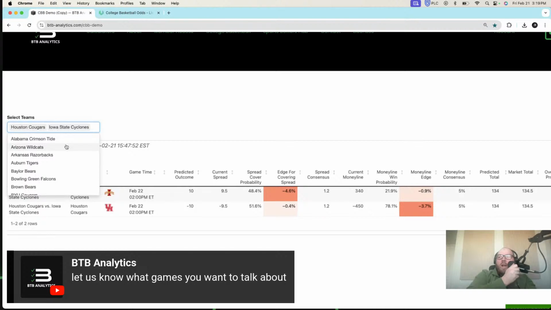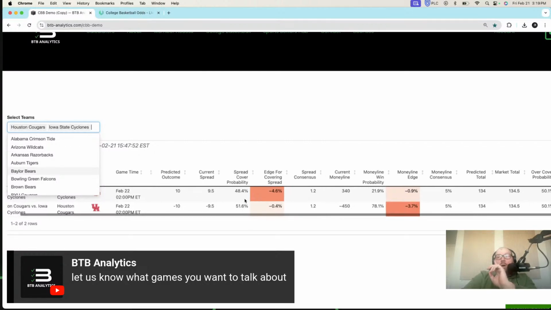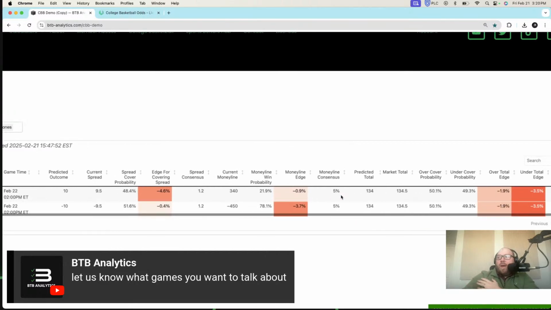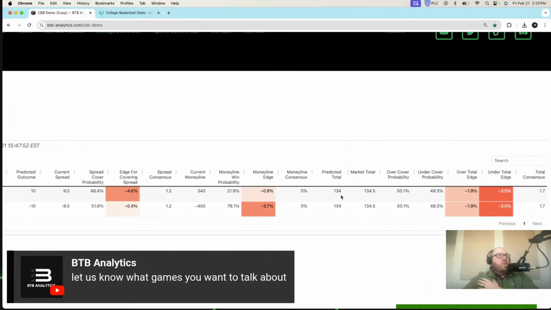Now it's moved to 9.5. We make the number 10, so I would disagree with you there. Where there is a lot more value, in my opinion, would be on the money line for Iowa State. We're still showing a negative 0.9% edge, but if you can get like a +350, +360, now it's an expected value bet. I know most people don't want to lay those kind of odds, but yeah.